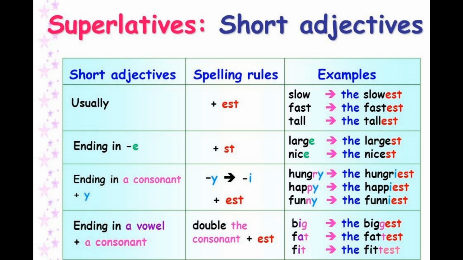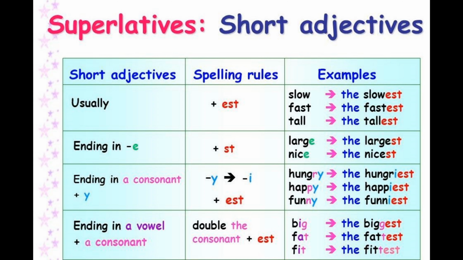Like sad, the saddest. Hot, the hottest. And if the adjective ends with y and before y a consonant letter, we cross out y and add iest. Like funny, the funniest, and noisy, the noisiest.